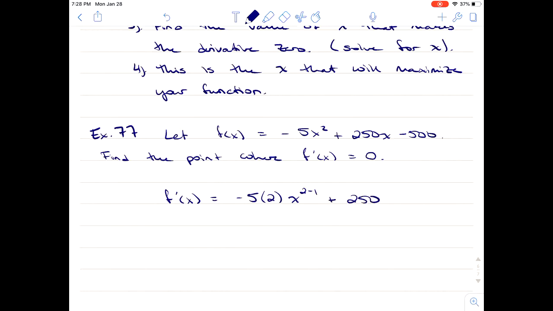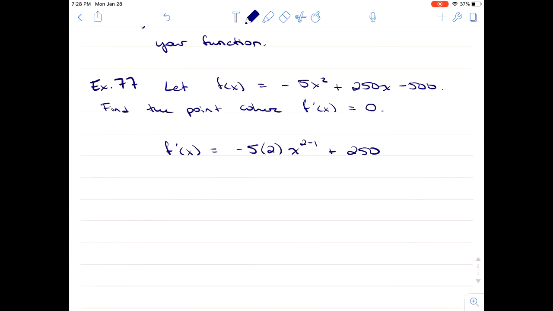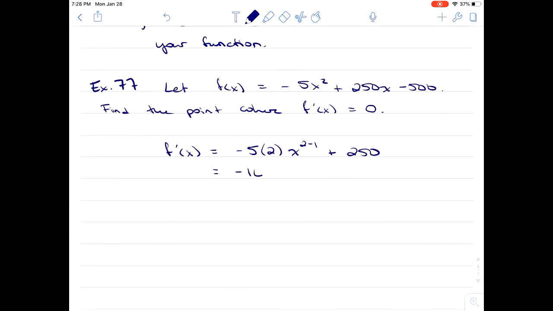X goes away. All the x's decrease by 1 power, so 250x just becomes 250. And negative 500 just goes away, disappears. So what we get, our derivative is negative 10x plus 250. Much nicer to deal with.